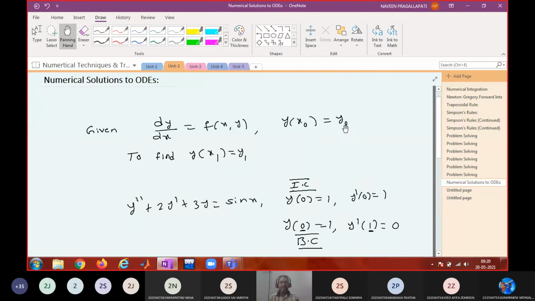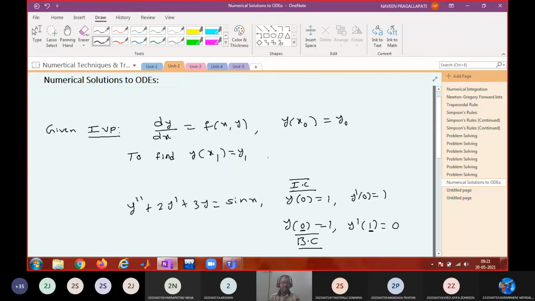So that condition will generally be referred to as an initial condition. So the differential equation together with this initial condition, what is this problem called? Initial value problem. So you are given an IVP, initial value problem.